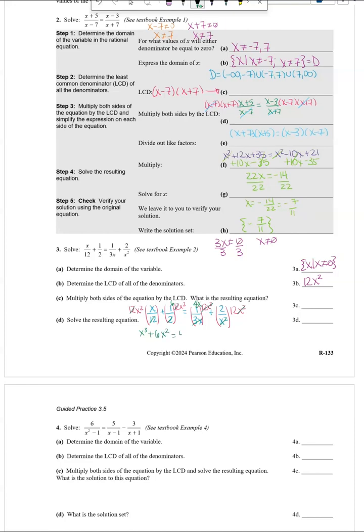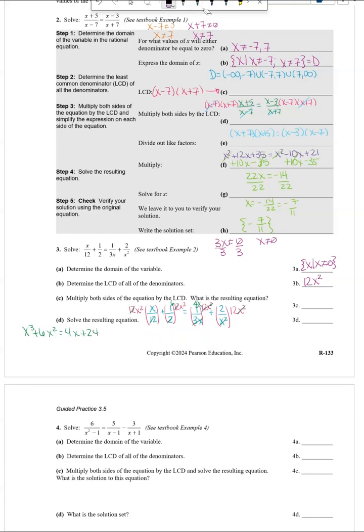And that's going to equal 4x plus 24. But I'm going to write that over here so we have more room, because we still have to do some more work.